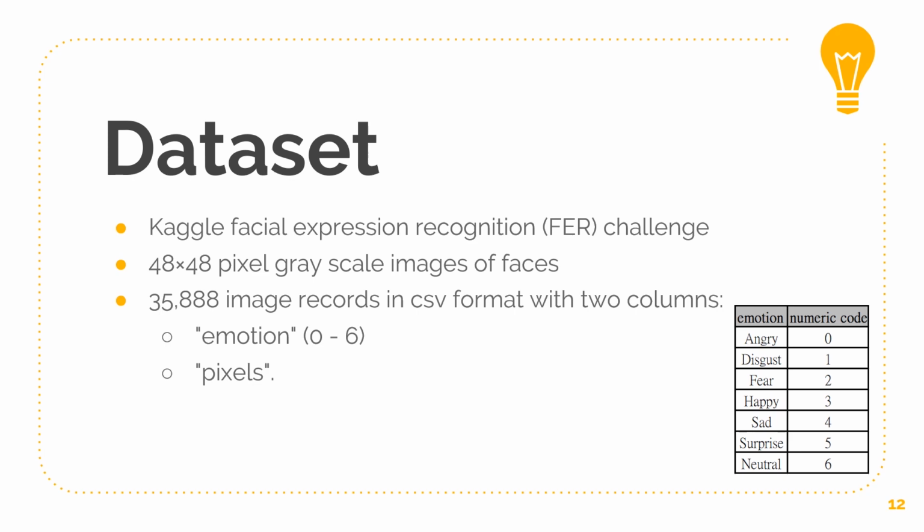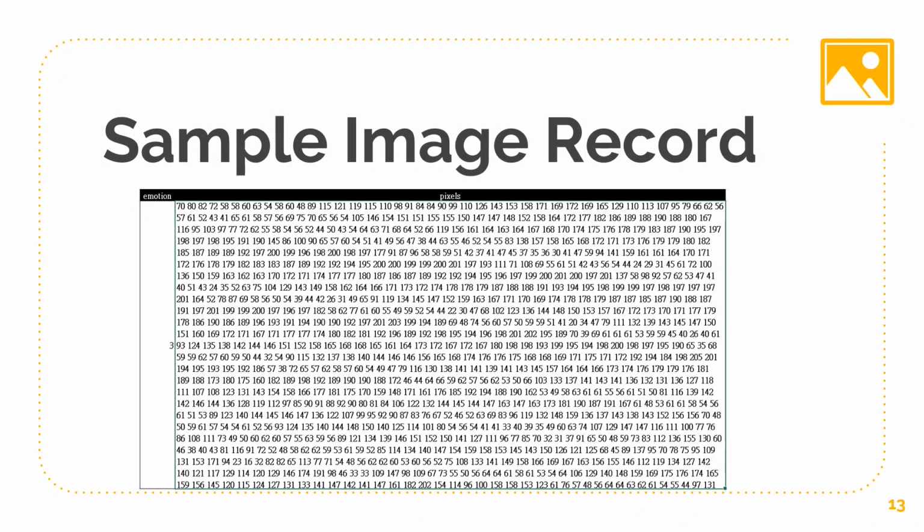The emotion column contains a numeric code ranging from 0 to 6. We can find it in the right-hand side table. The pixel column contains a string surrounded in quotes for each image. The contents of this string are space-separated pixel values in row major order. Here is a sample record.